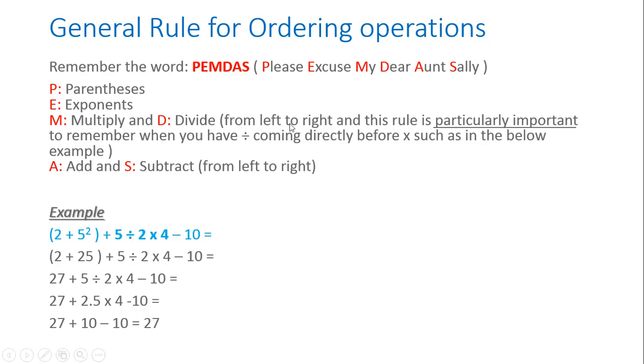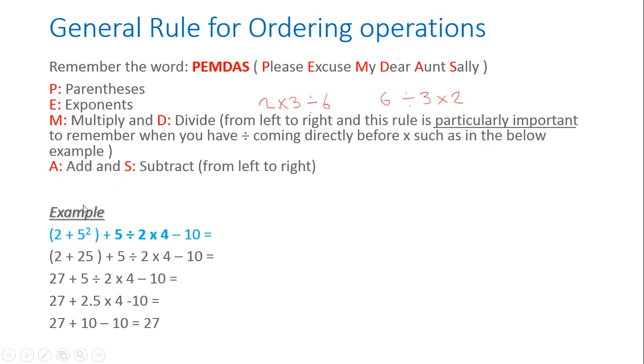We perform this from left to right in case we have successive operations, like let's say 2 multiplied by 3 divided by 6, or for example 6 divided by 3 multiplied by 2. So we always perform first the operations that come on the left, then the operation that comes on the right. And finally, we do the addition and subtraction from left to right.